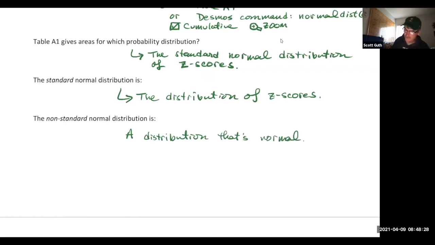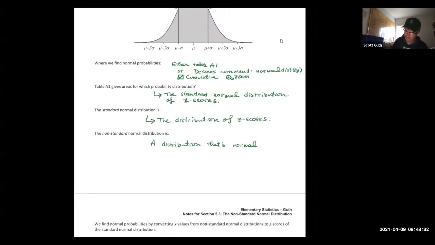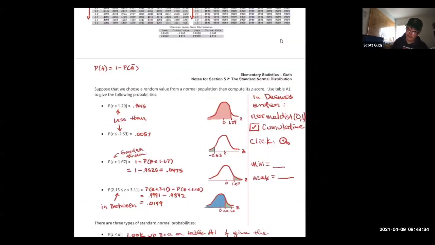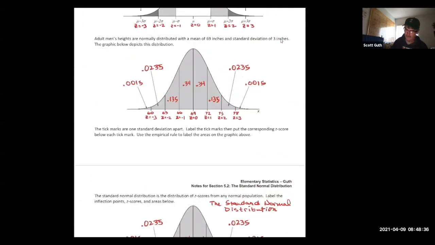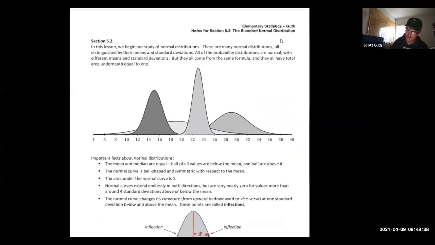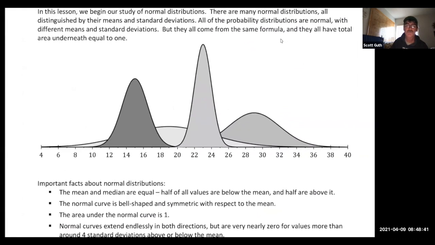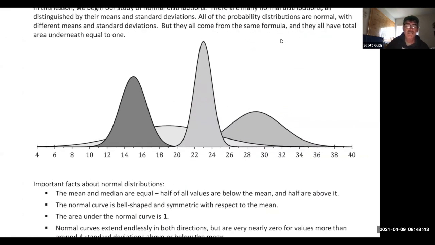Just to remind you, there are a lot of those. Remember these are all different normal distributions. They're all bell-shaped, they're all centered at their mean, and the total area under each one of them is 1.